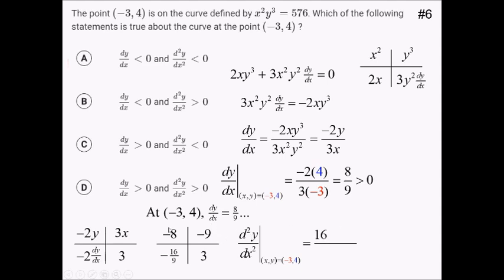Minus, now going the other way on the ribbon, we're doing minus negative 8 times 3, so that's actually plus 8 times 3, or positive 24. And then we're going to divide by v squared, so that's negative 9 squared, which is 81, for a grand total of 40 over 81. Now the important thing here is that this is positive. Since both the first and the second derivatives came out positive, that means we're picking answer choice D.